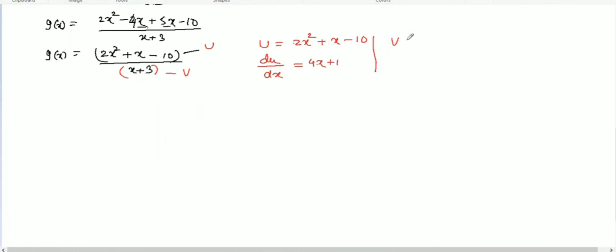Now write down v, we need dv/dx. v is x + 3. Differentiate v with respect to x, which is dv/dx equal to 1.